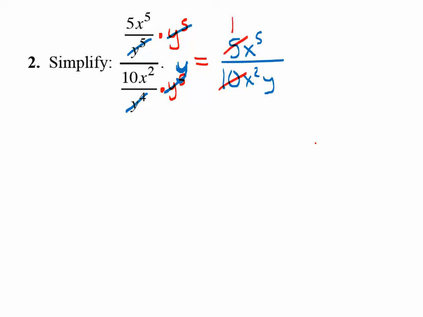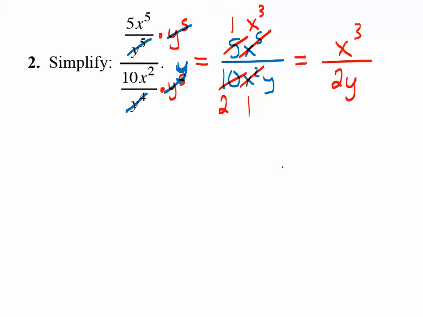How about a 1 and a 2? Anything else? The x's. I got x to the 5th on top, x squared on the bottom. That means I'm going to have an extra x to the 3rd on top. So x to the 3rd over 2y is good.